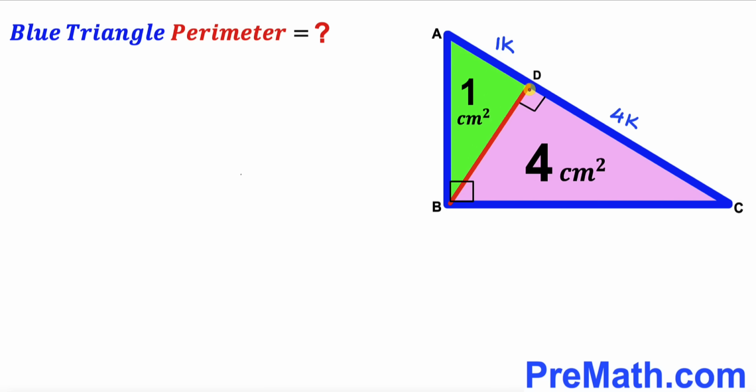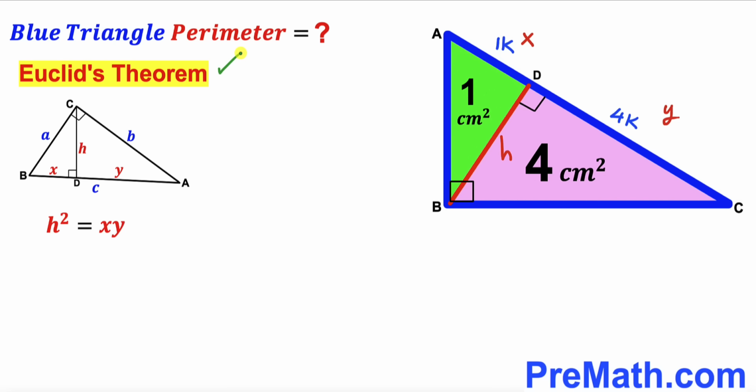In this next step, I am going to label this perpendicular BD as our height, lowercase h. I'm going to label this AD segment as X and this CD segment as Y. Now let's recall Euclid's theorem.